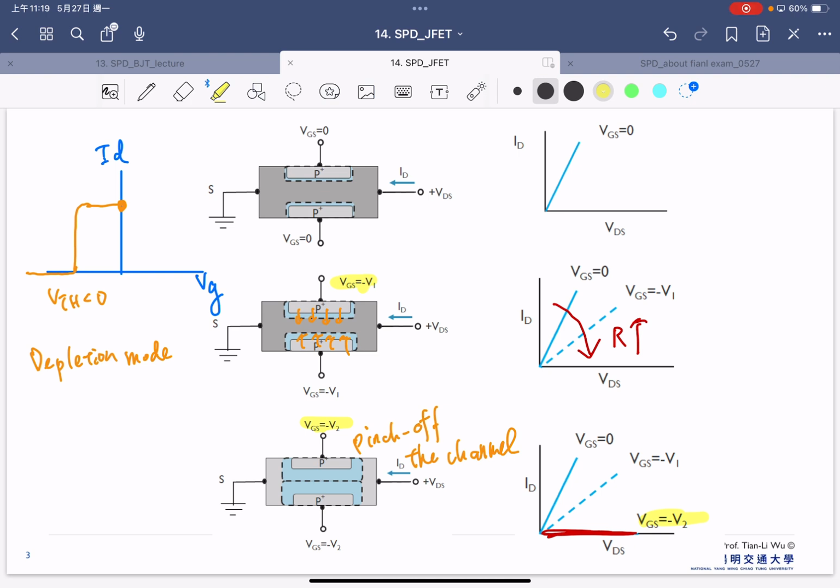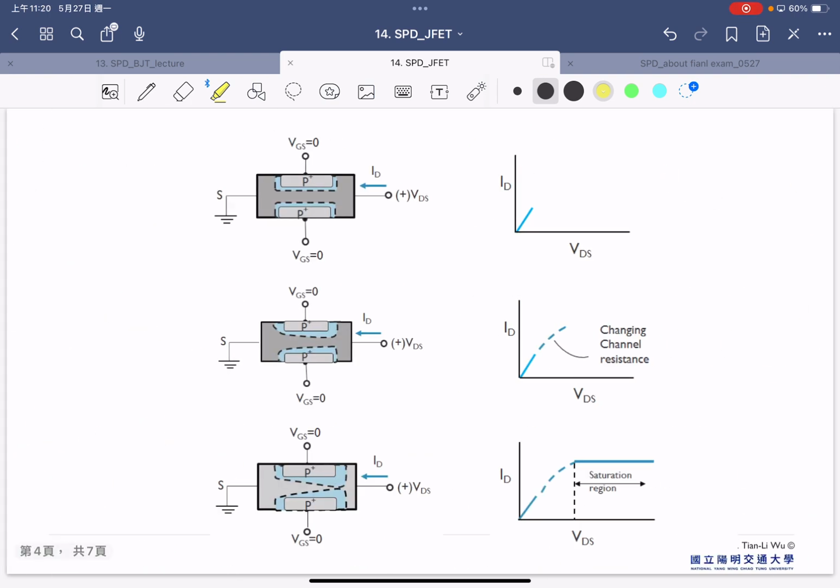So similarly, if you try to increase the VDS here, then we still have the saturation region. So this is a VDS increase here.